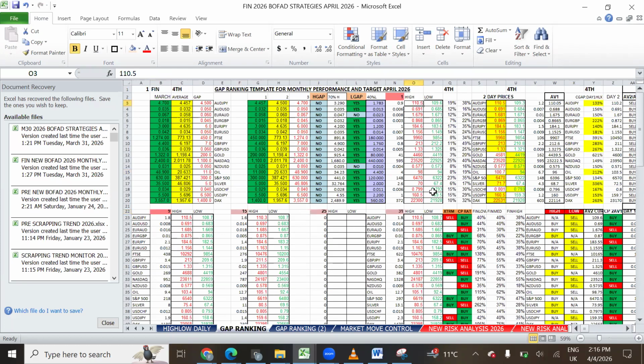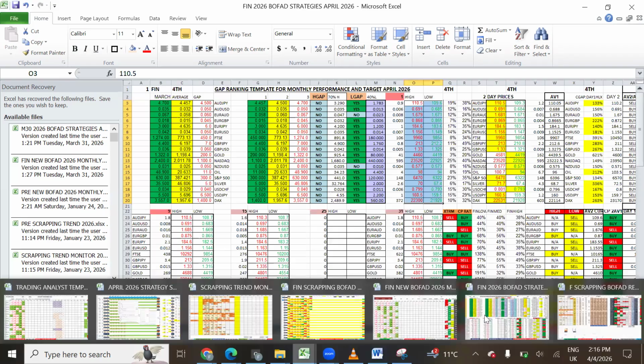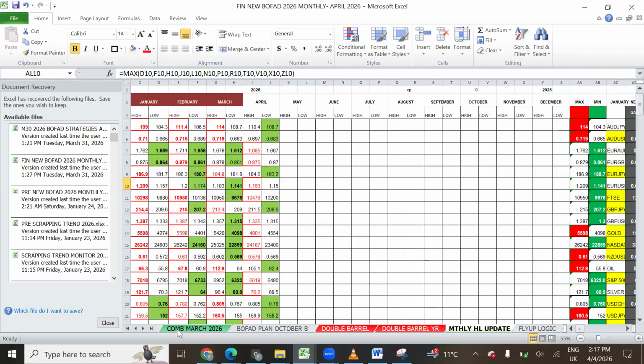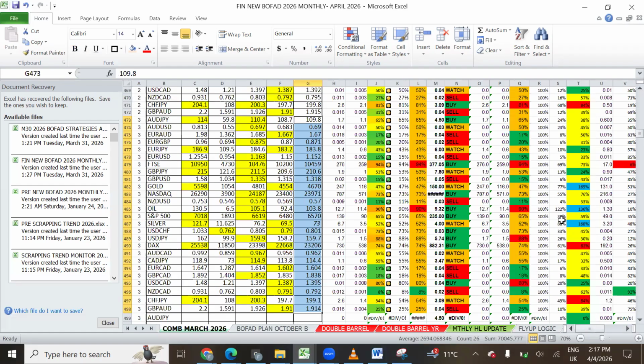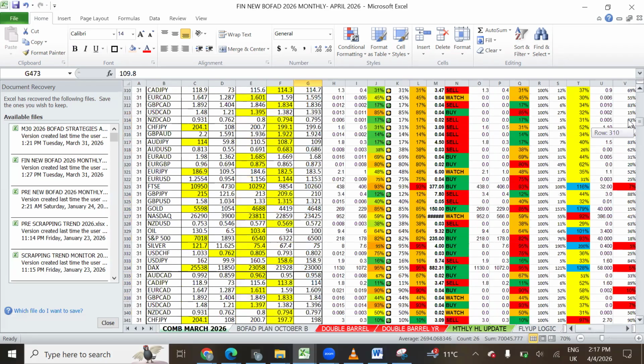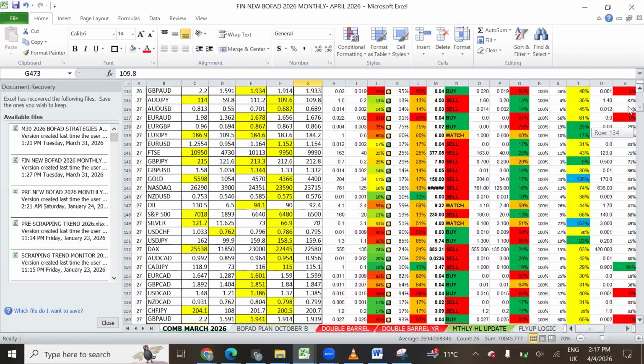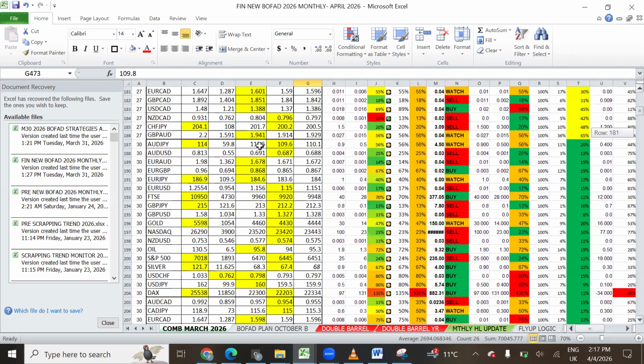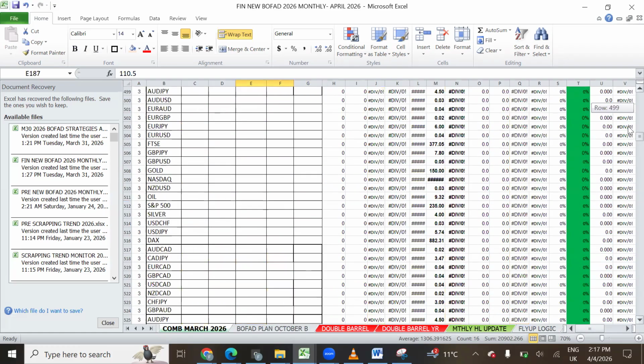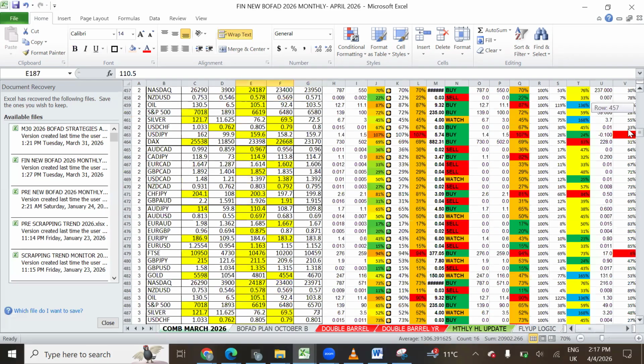So here, the high price and the low price from the Bofad monthly. So this is the Bofad monthly. All we need to do is copy and paste these reports onto that template. For example, look at this. It just means you need to copy it one after the other.